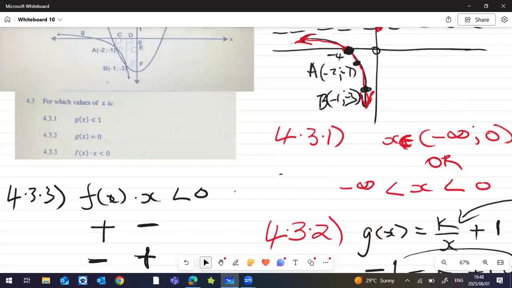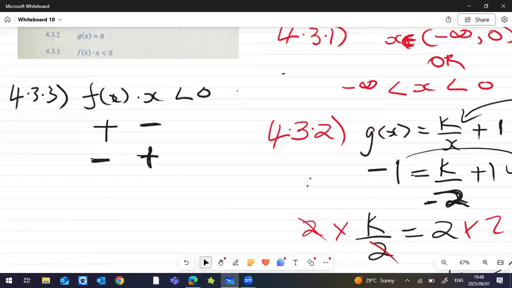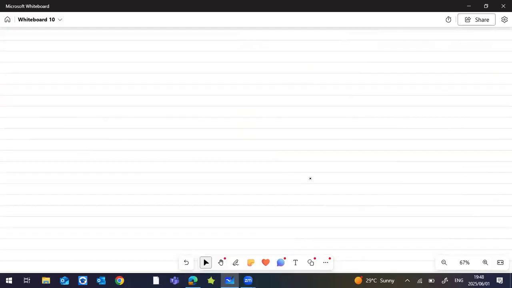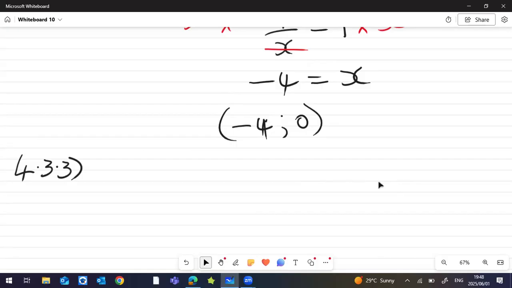Now what I'm going to do here, I'm going to sketch a graph, the parabola graph, and look where the graph is positive, then the x-intercept should be negative. Now, let's go back to our function. Question 4.3.3. Now, first of all, let me look at the parabola.